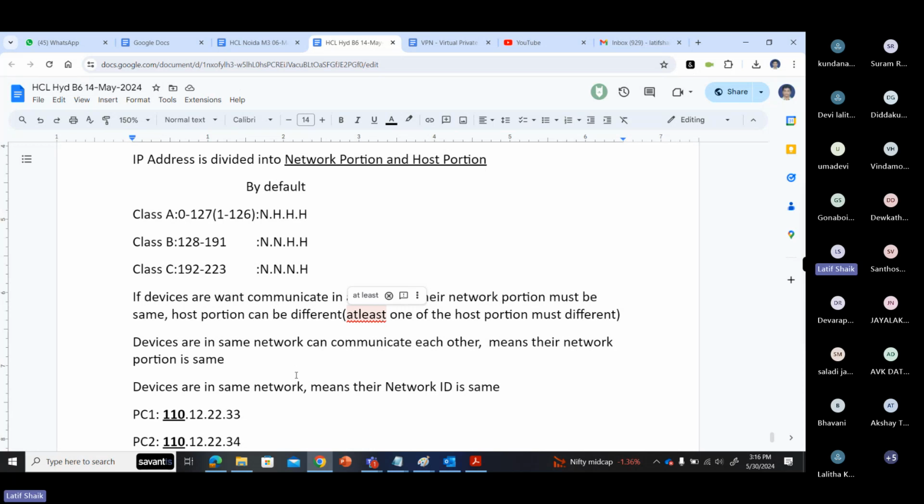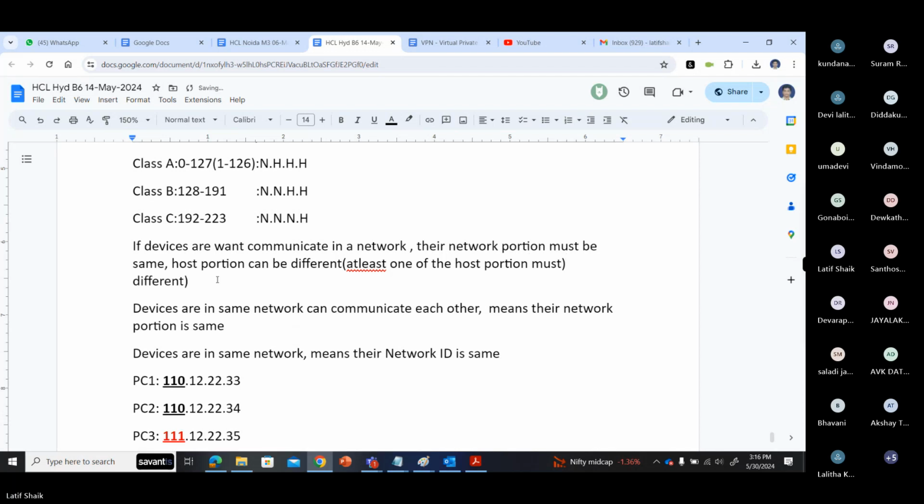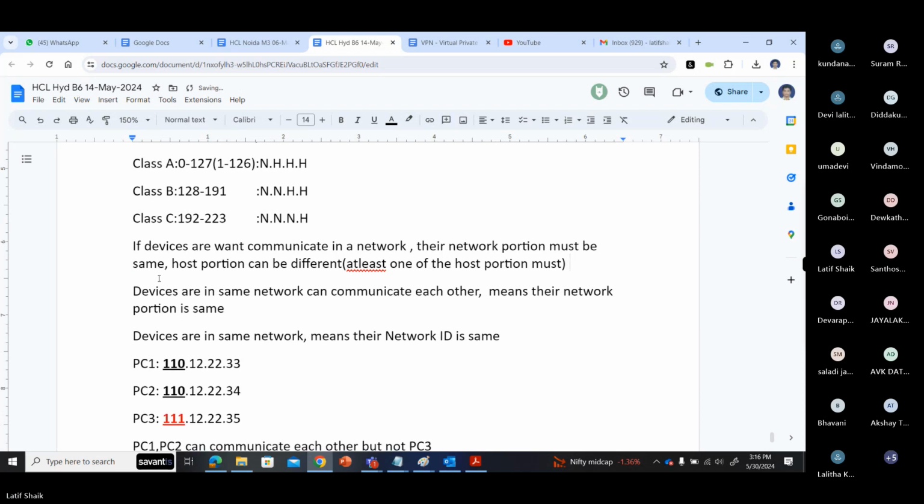Okay, at least one of the host portions must be different. Now we can see it must be different, so it is different here now.